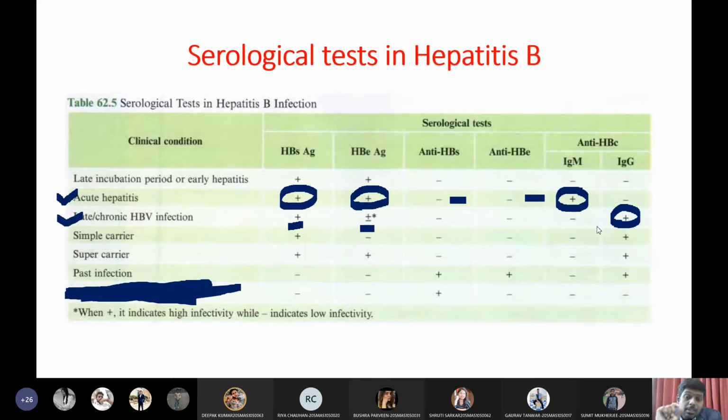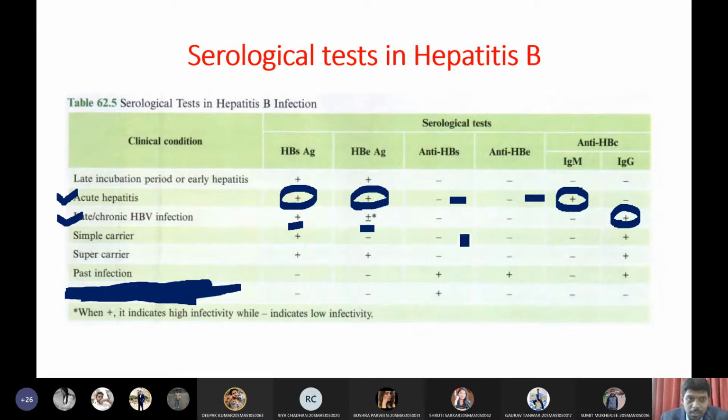So, a past reactivated infection. Okay, I'm saying again, late or chronic infection. In the past he had an infection and he again got infection currently. So such latent chronic infection individuals will exhibit the presence of IgG core antibodies in the circulation.